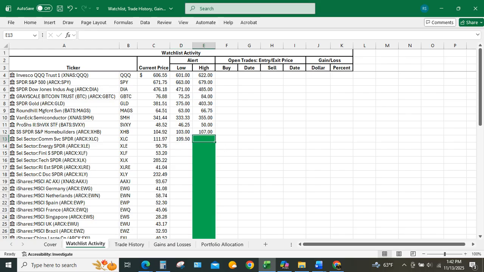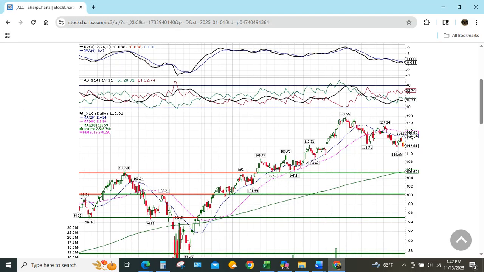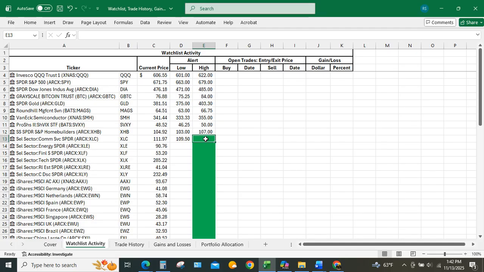And then on the high side, I'm just going to put in that 20-day moving average. If you hadn't guessed that, then what have you been doing for the last couple minutes here? So we're at about 115 on the 20-day moving average.